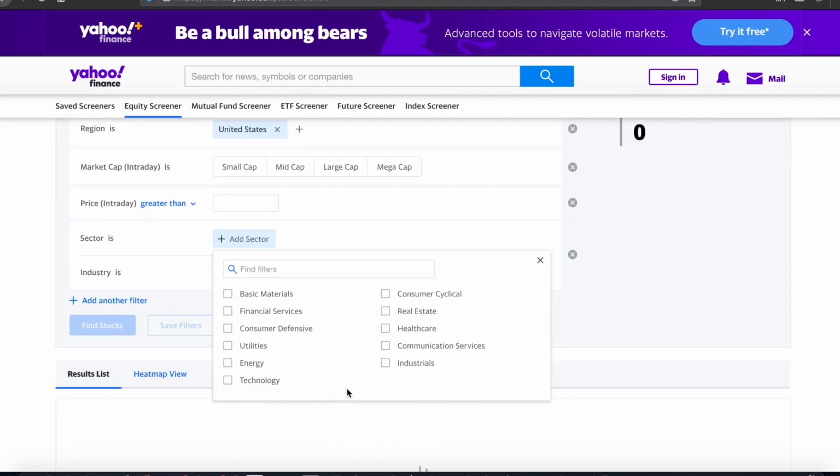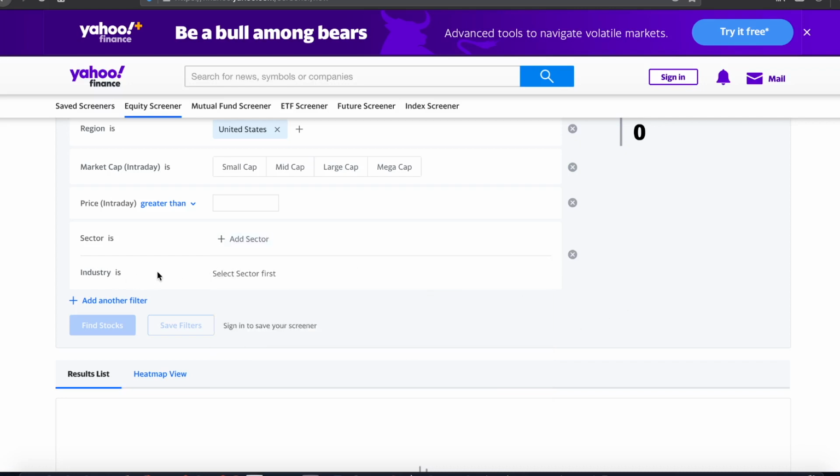Here under sector, you have the different sectors in the market. So if you want to diversify or dive into a particular sector, you can do so right here. So if you're looking for a REIT, some technology company, some industrial, energy, like oil, here's where you would do that.